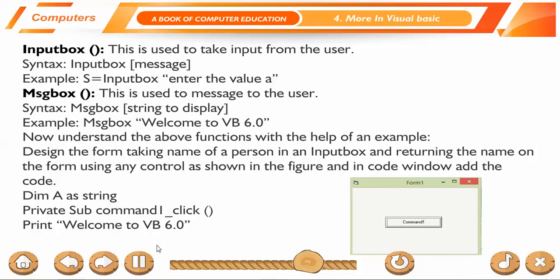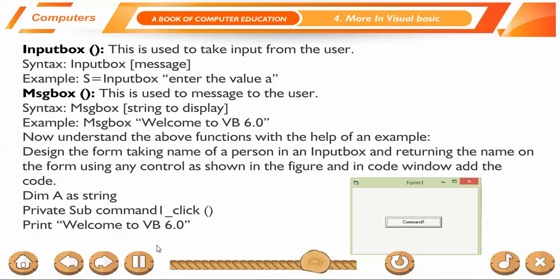Example: S equal to InputBox enter the value A. Message box. This is used to show a message to the user. Syntax: MsgBox string to display. Example: MsgBox welcome to VB 6.0.